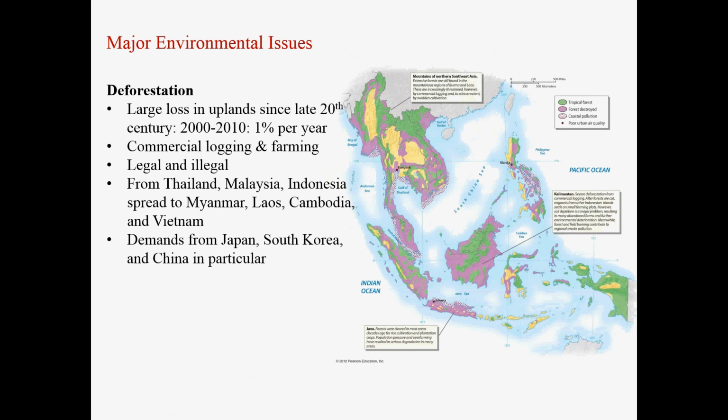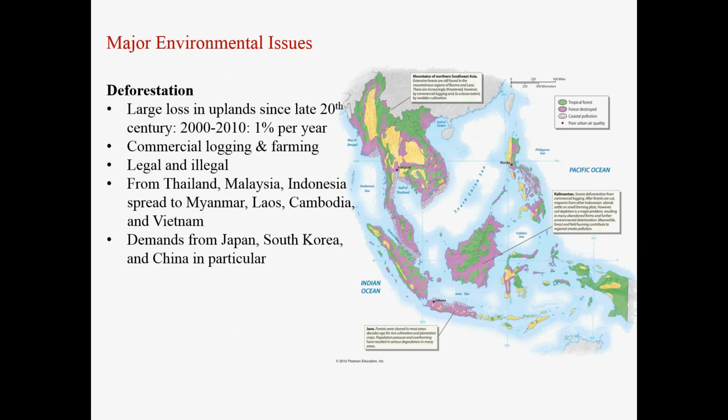Those commercial logging activities are either legal or illegal, and in countries such as Thailand, Malaysia, and Indonesia, those activities are now declared illegal, but people still try to sneak in and do it.